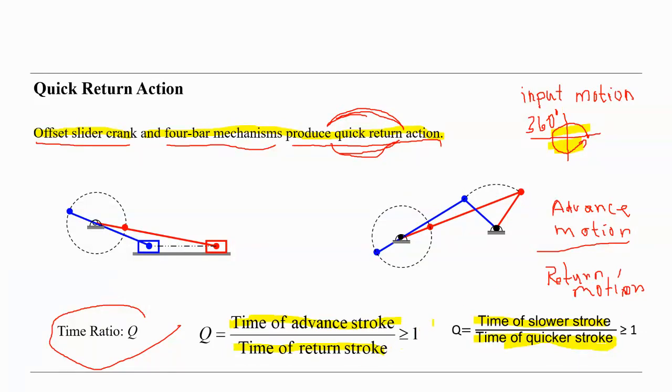But if it is bigger than 1, that means the advanced stroke takes more time. Since we use constant angular speed, the angle gets bigger than for the return stroke. The return stroke takes a small portion of the angle of rotation.